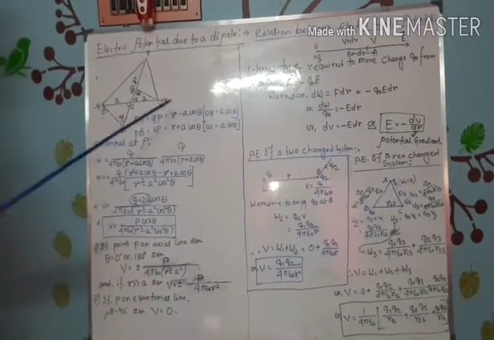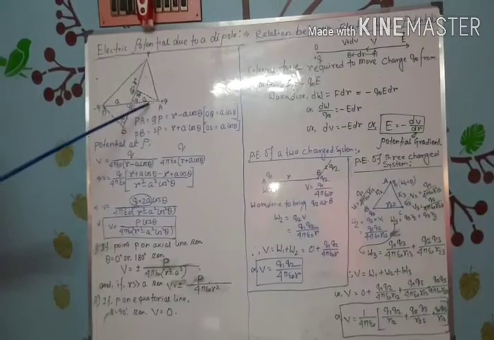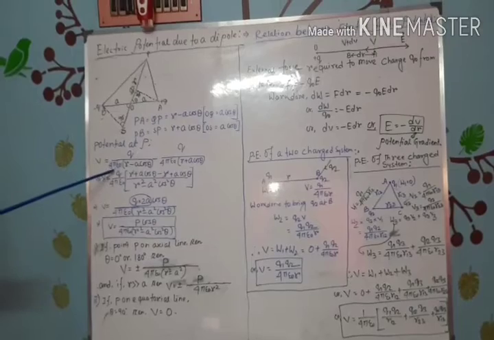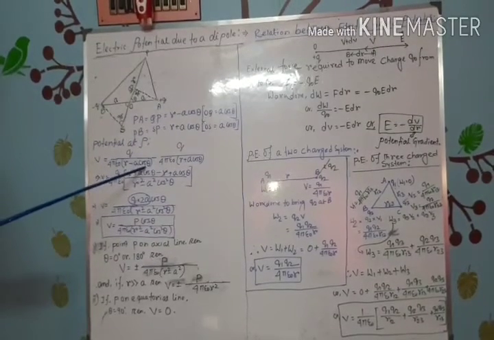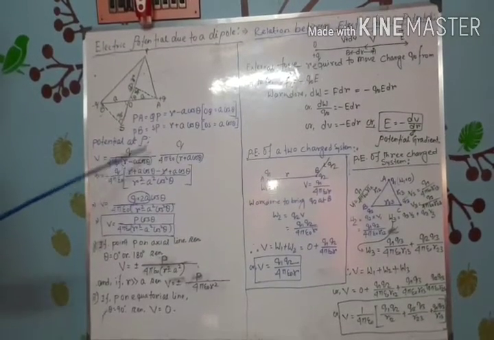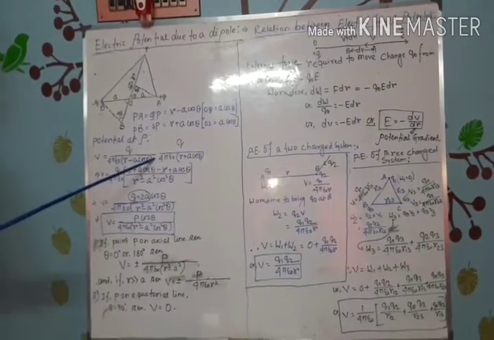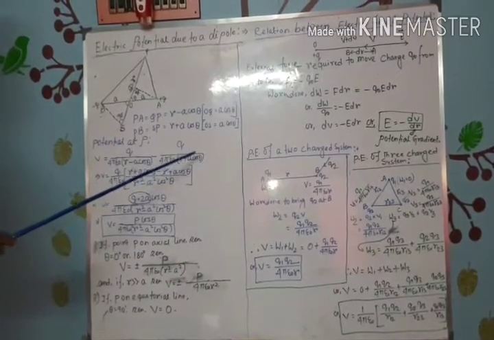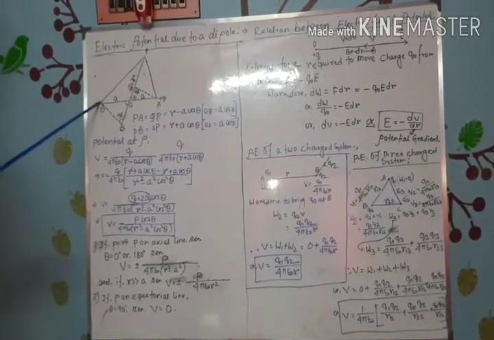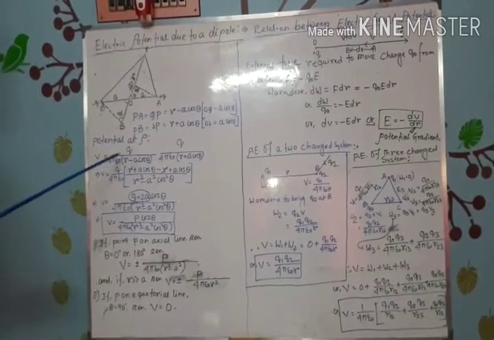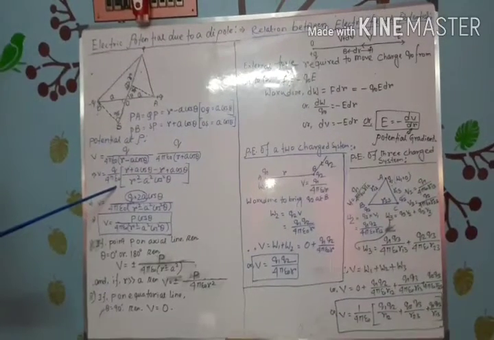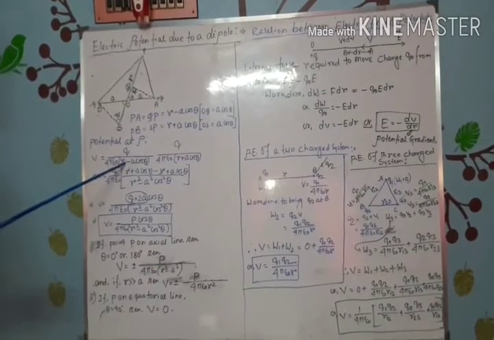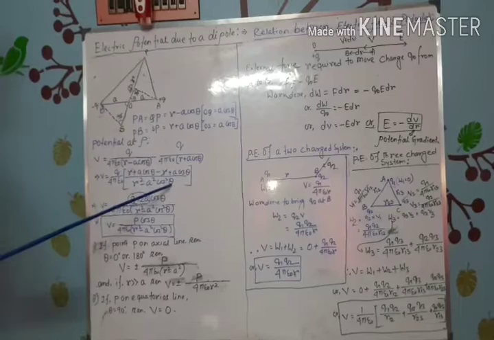So the net potential due to the dipole at the point P is given by q by 4 pi epsilon naught into (r minus a cos theta), this is the potential due to plus q charge, minus q by 4 pi epsilon naught (r plus a cos theta), this is the potential due to minus q charge. Now q by 4 pi epsilon naught is common, and the LCM becomes r square minus a square cos square theta.